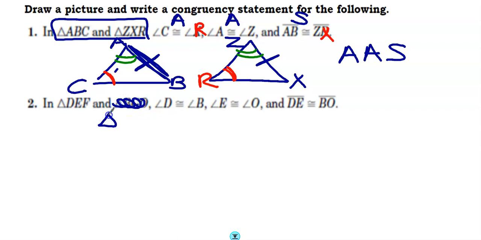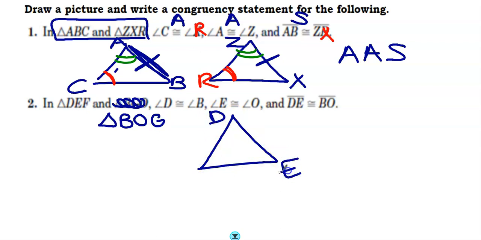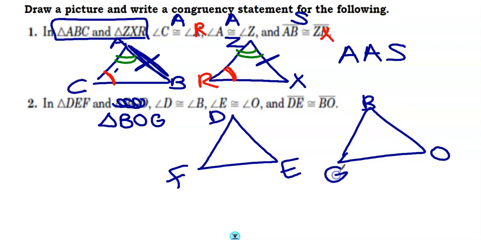BOG. So DEF goes with BOG. So angle D goes with angle B. E goes with angle O. And DE goes with BO.